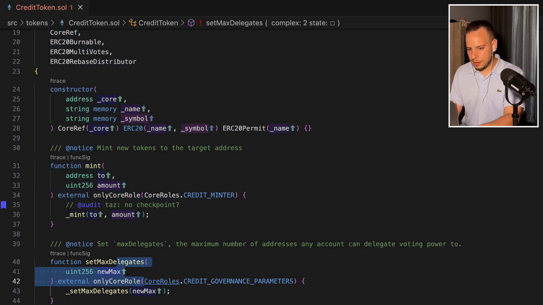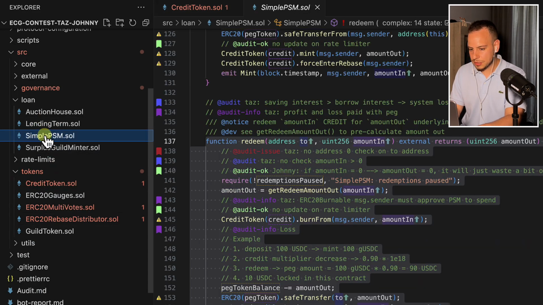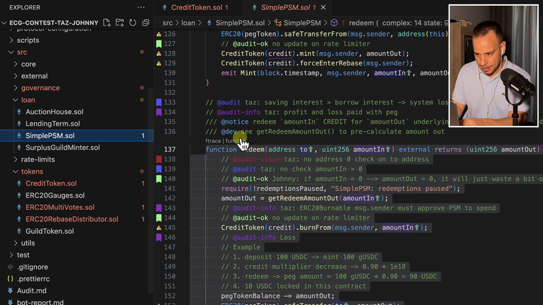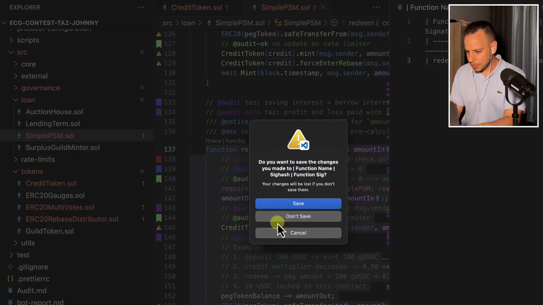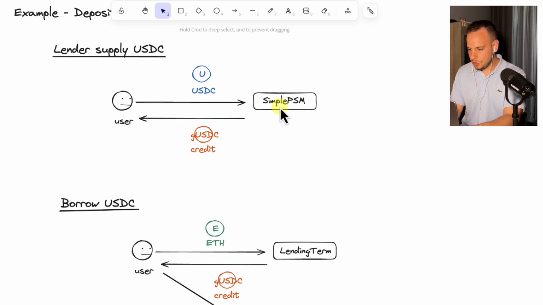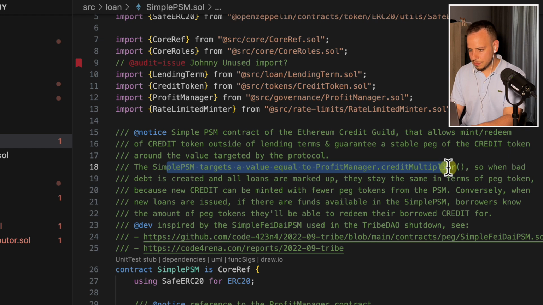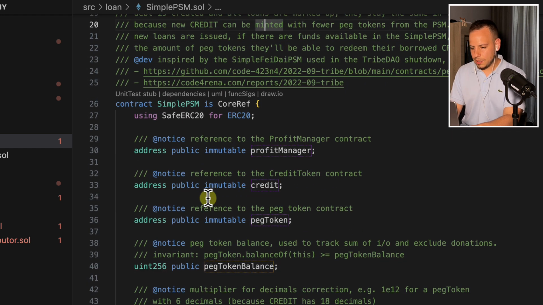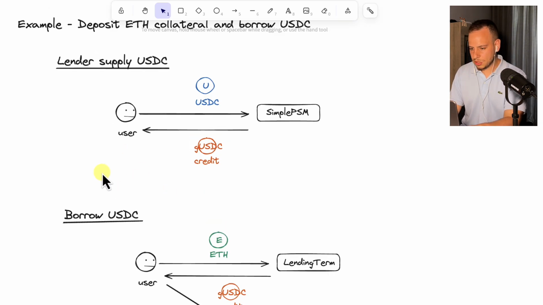Another thing about Simple PSM: PSM stands for Peg Stability Module. This contract is basically responsible for the fact that GUSDC will be pegged to USDC. So if USDC is $1, it will be $1.